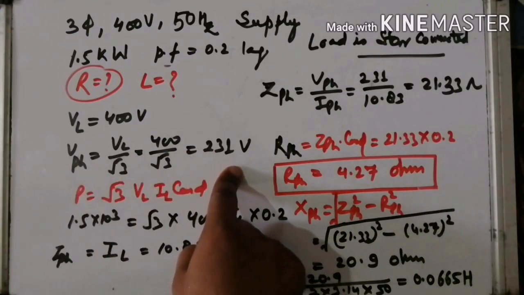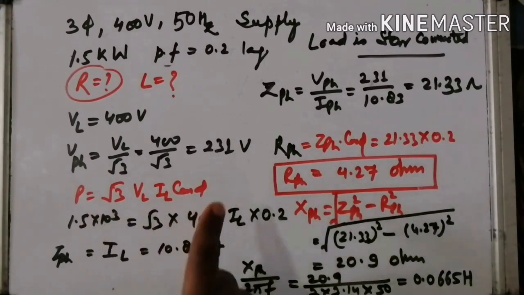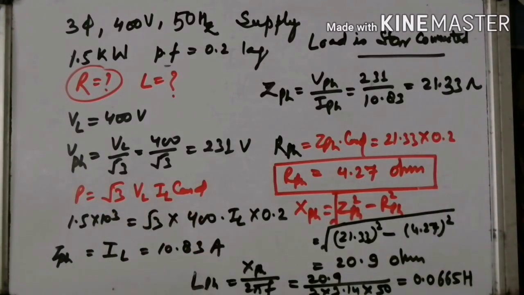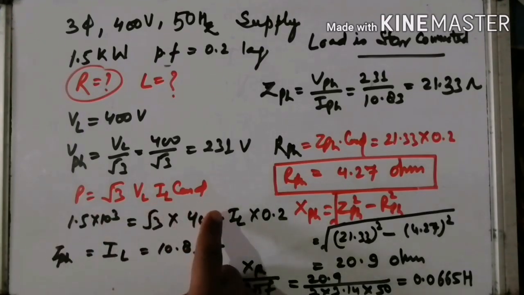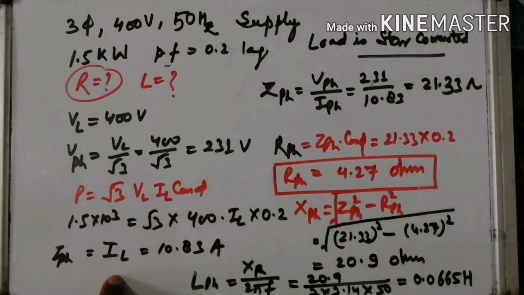And the formula for the power consumption is the same in star or delta, that is P equal to root 3 VL IL cos phi. With the help of this equation, we can calculate the value of IL. In the case of the star, the value of IL is nothing but the value of IPH, which is 10.83.